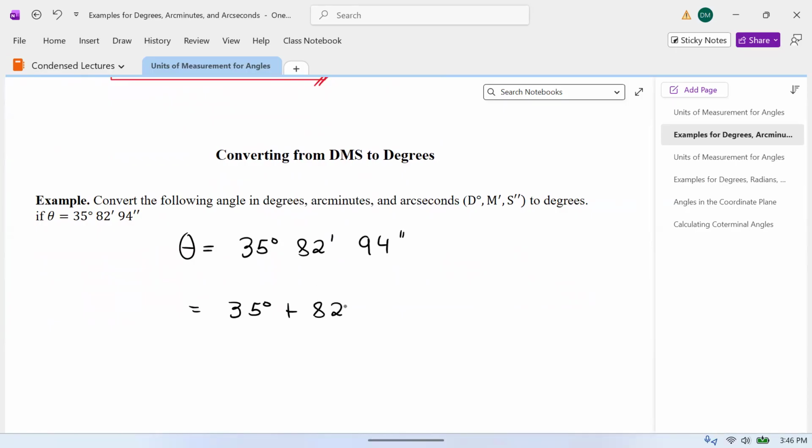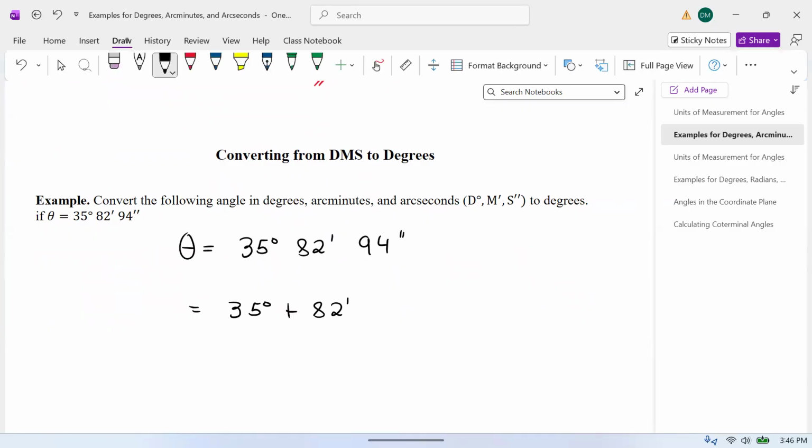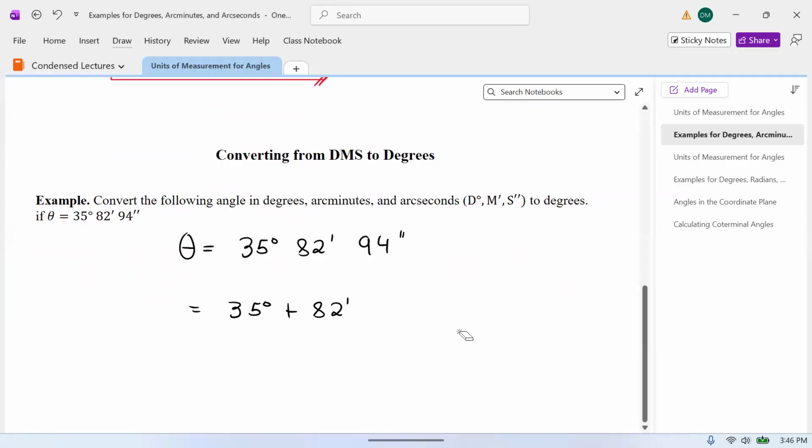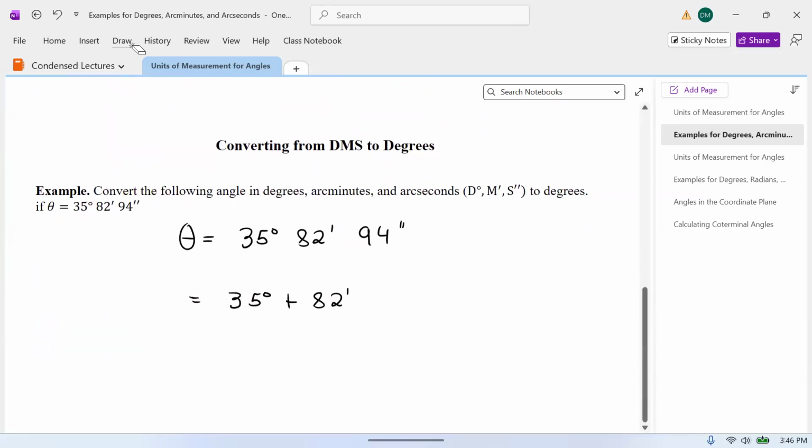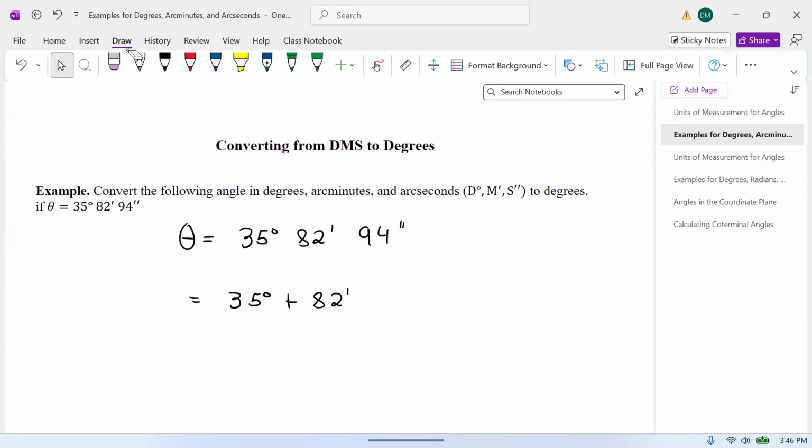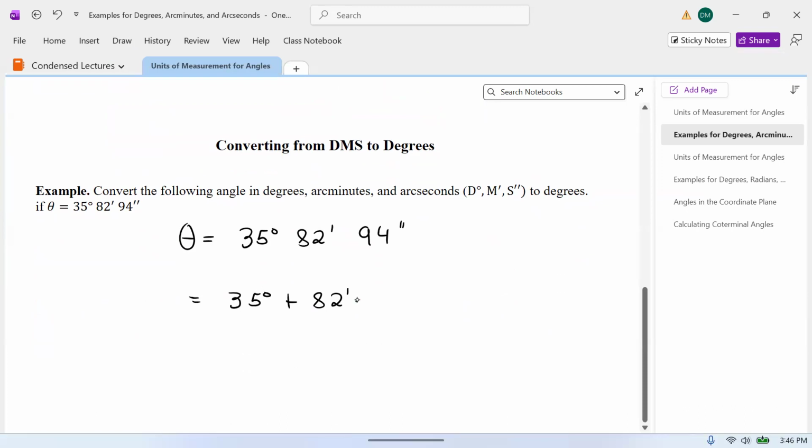Now, I want to take my 82 minutes and convert it to degrees. So convert. The desired unit goes on top. The unit I'd like to cancel goes on the bottom. 1 degree, or some people jokingly call it an arc hour, 1 degree to every 60 arc minutes.